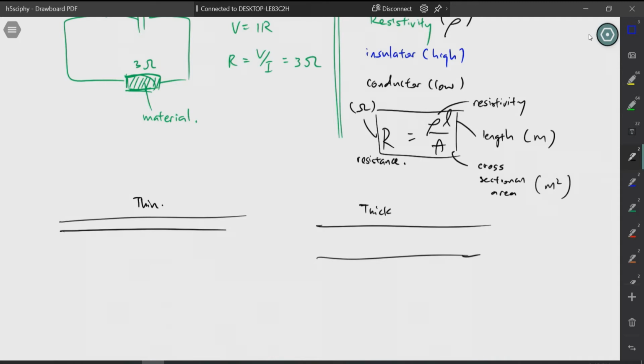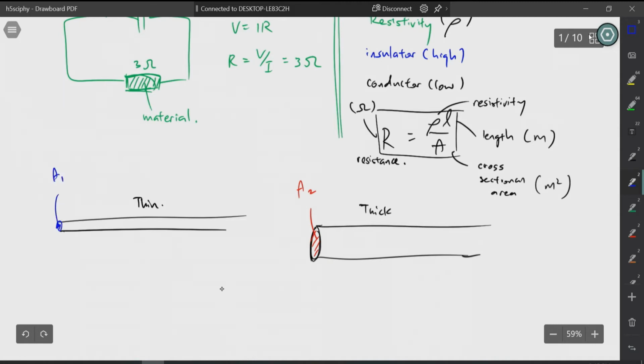Now I have a thick wire. In other words, my cross-sectional area here, wires are cylindrical in shape, this region here, my A, we call this A2. And we compare it with this, we call it A1. Now it is very obvious that A1 is less than A2.